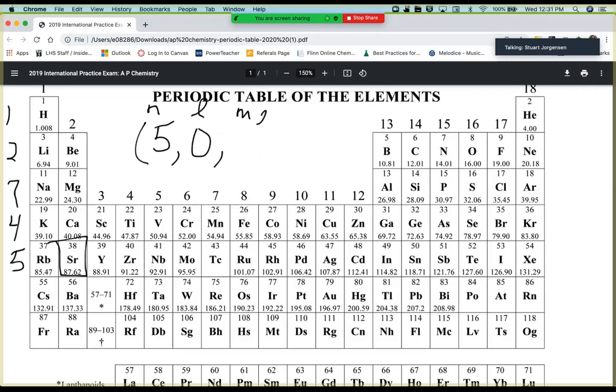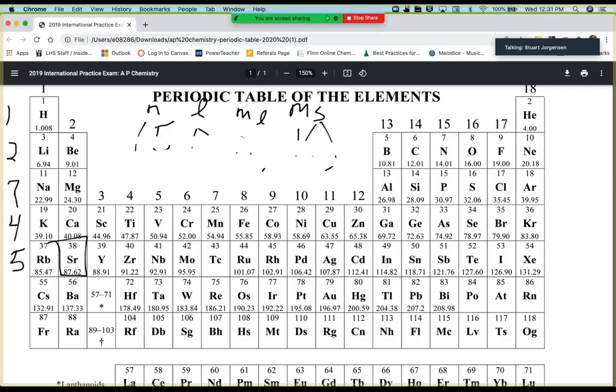M sub L has to go from -L to +L, and for 0 that is still 0. It is the second electron to go in there, so it is the -1/2 magnetic spin electron for that s orbital. And so again, these 5 values together give us our electron configuration.